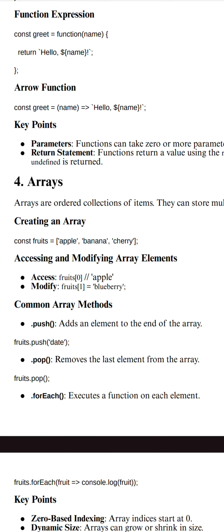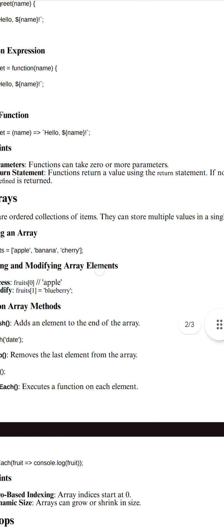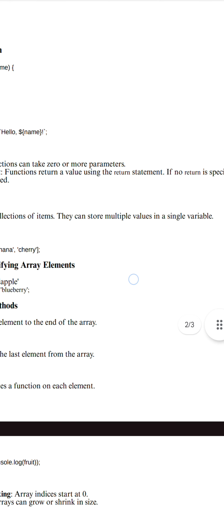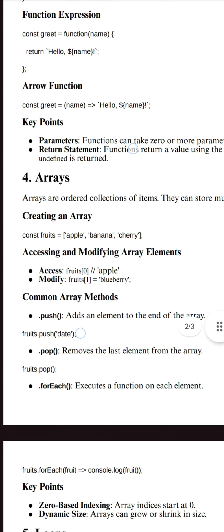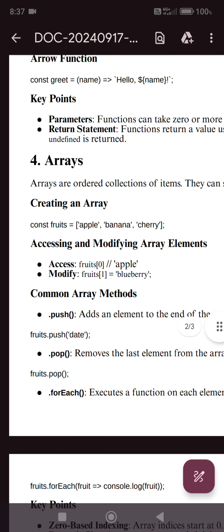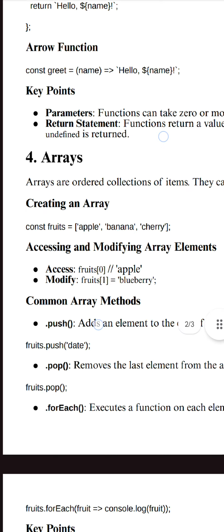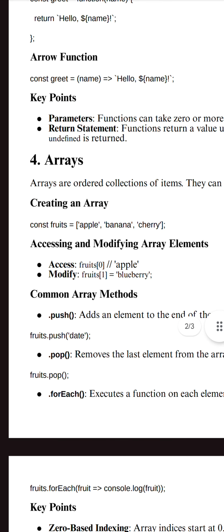Next comes arrays. Arrays are ordered collections of items. They can store multiple values in a single variable. Arrays are used to store homogeneous type of data. So for example, now we can see here we declared constant fruits equals apple, banana and cherry. Here the same type of data is stored in one array.